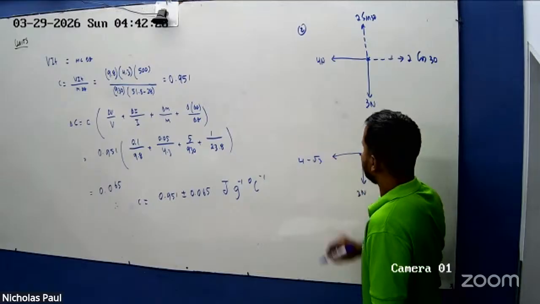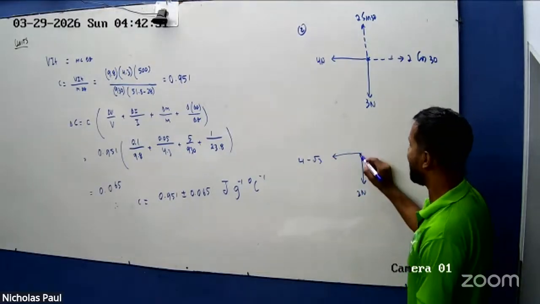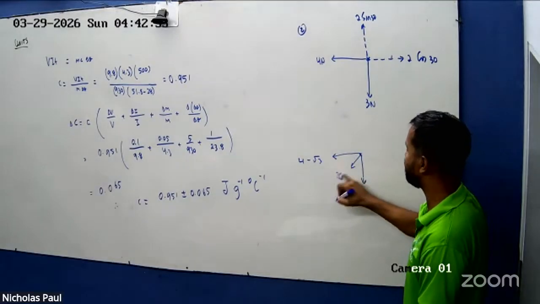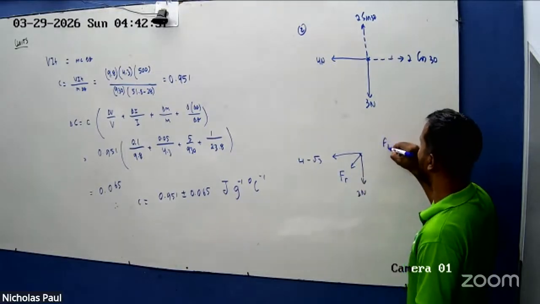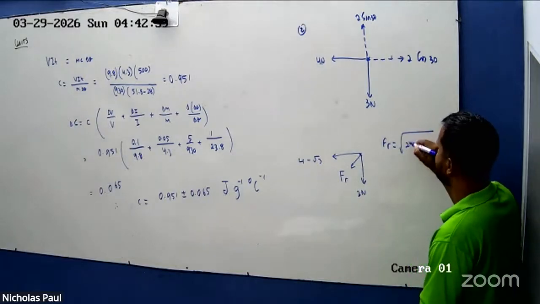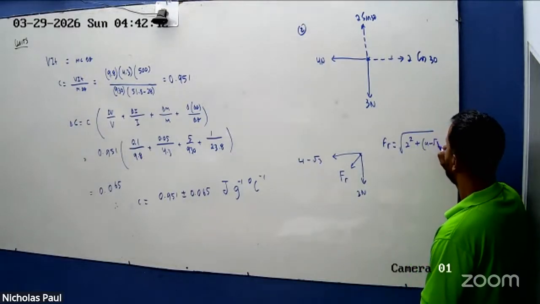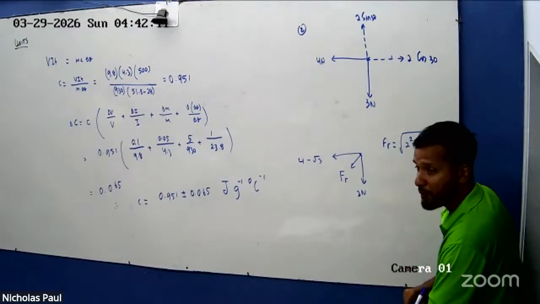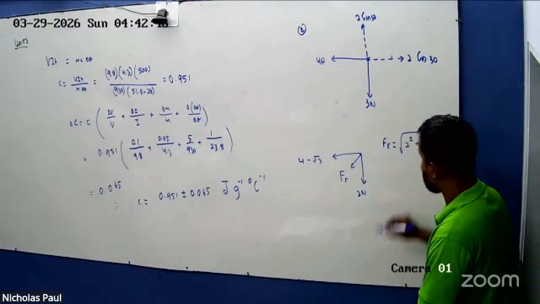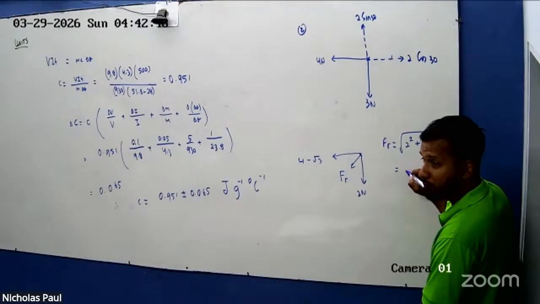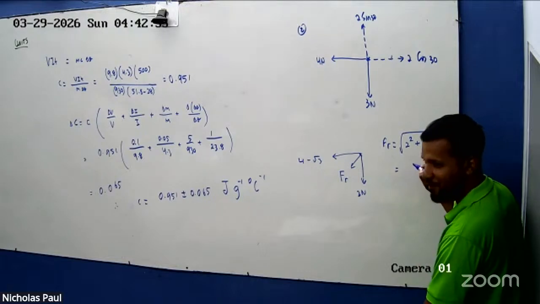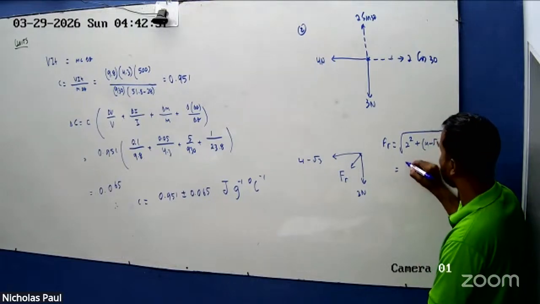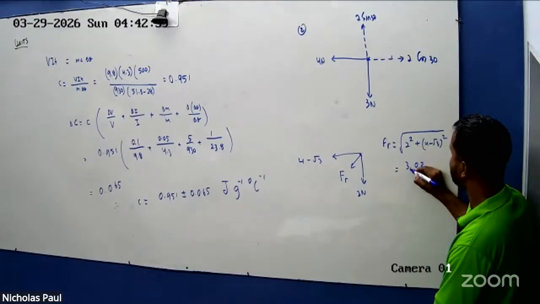And then you want to find the resultant force. That's the square root of 2 squared plus 4 minus root 3 squared. How much is that? 2.02.